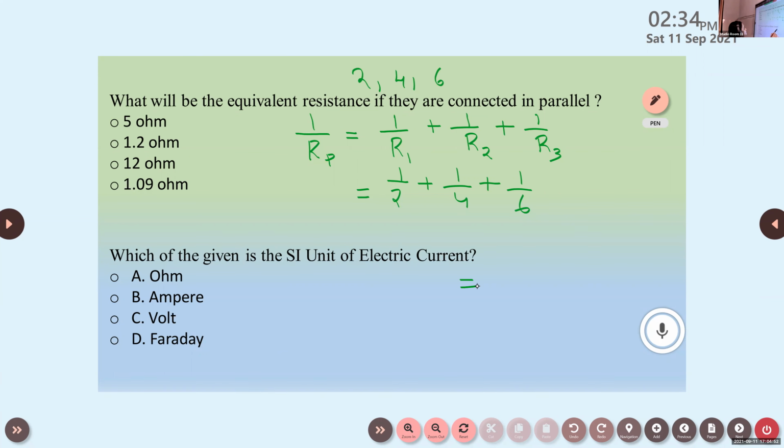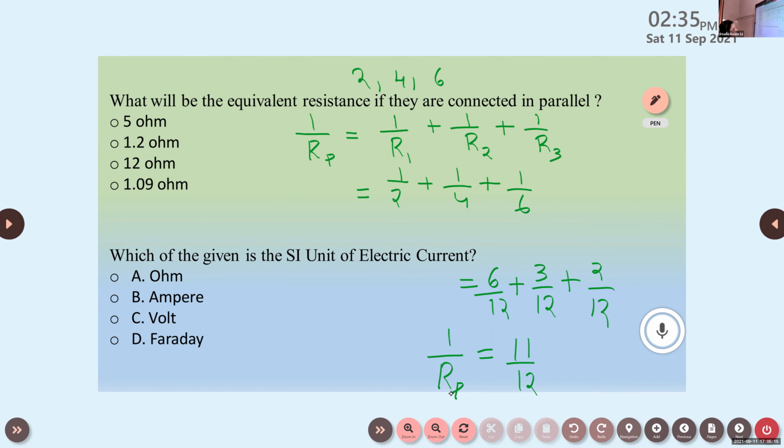So it becomes 6 by 12 plus 3 by 12 plus 2 by 12. 6 plus 3 plus 2 by 12 is equal to 11 by 12. So 1 by Rp is equal to 11 by 12.